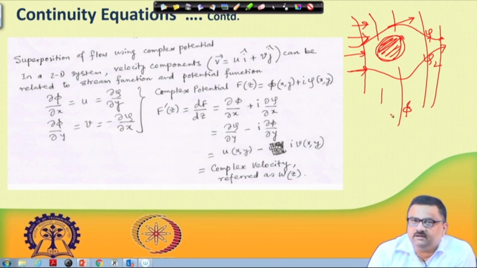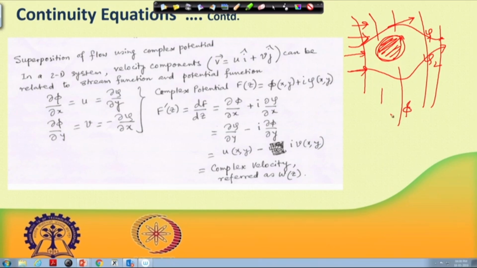I would expect that when we start the next lecture, you go through these and do a little bit of homework on the definitions of stream functions, potential functions, streamlines and potential lines, because we need to apply them in porous medium. That is the next level of continuity we want to do in porous medium.